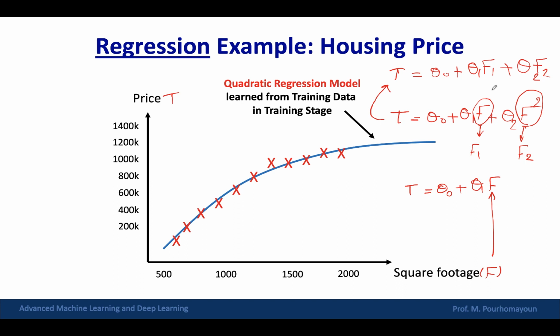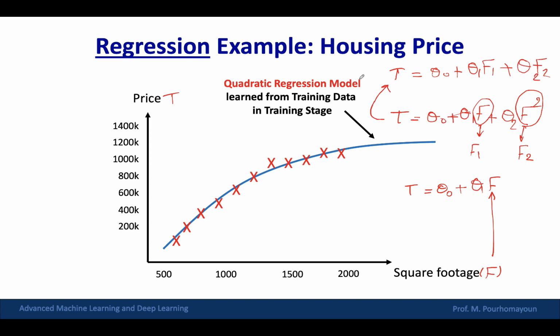Okay, so remember that. This is a trick that you can apply: you can train a non-linear regression, for example a quadratic regression model, by adding the square of your feature as a new feature, and then train using linear regression.